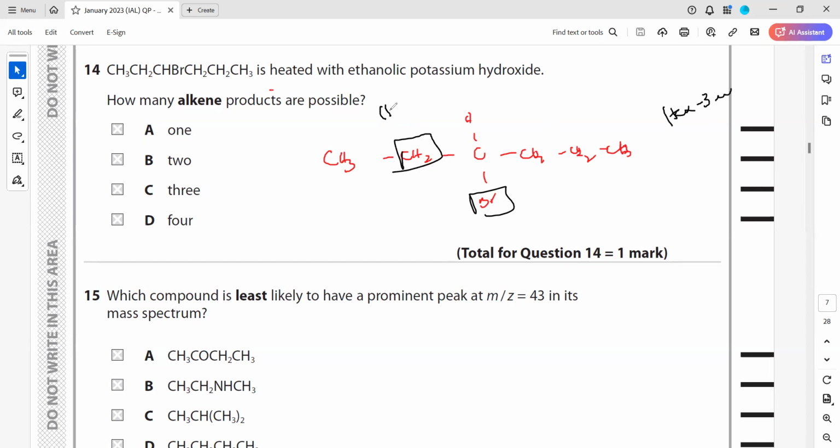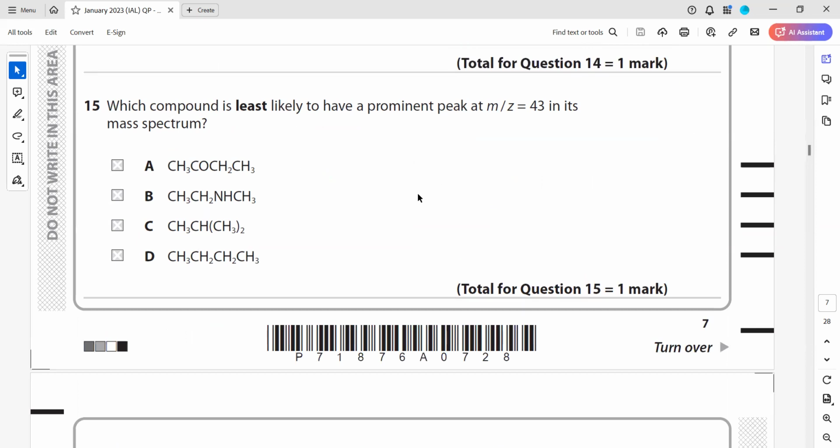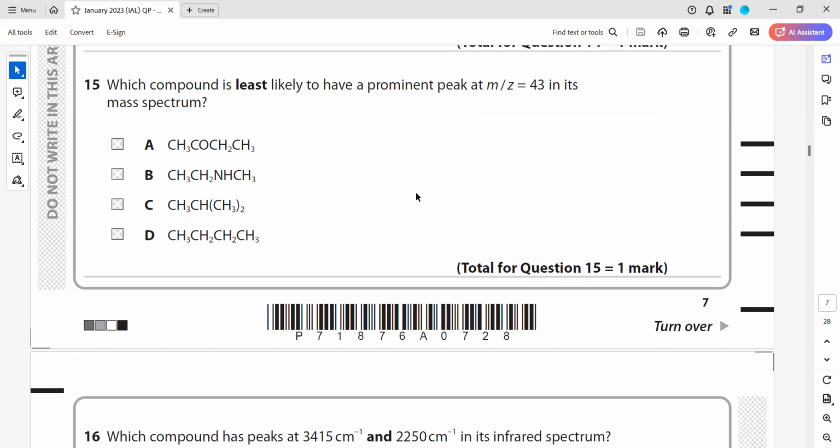So this will produce hex-2-ene. And for hex-2-ene and hex-3-ene, because there is a double bond, geometrical isomers are also possible, as identical groups are not attached; all the same identical groups are not there. That's why 4 different structures are possible instead of 2. So you have to include the geometrical isomers as well.